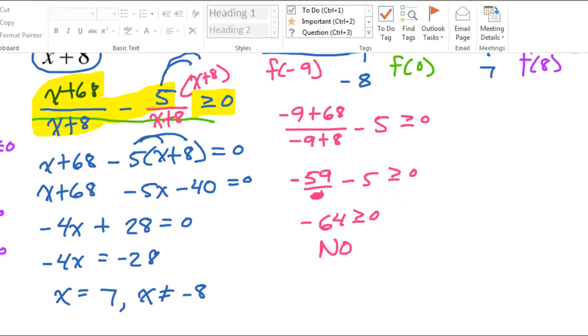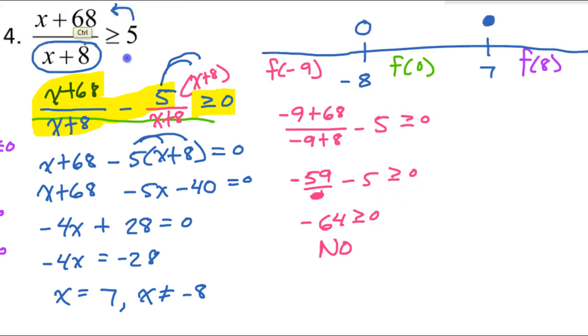Next, I'm going to check and see what happens at 0. At 0, if I put 0 in for these x's, I'm just going to have 68 over 8 minus 5 is greater than or equal to 0.